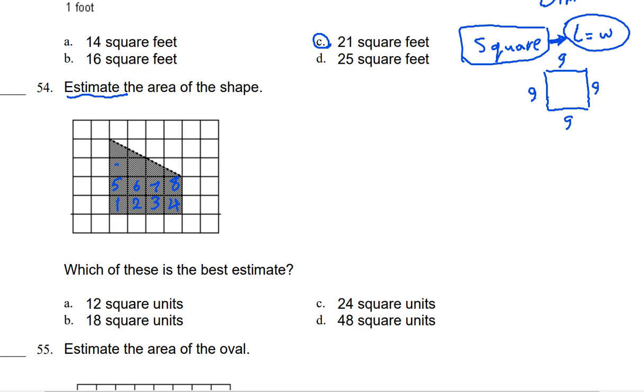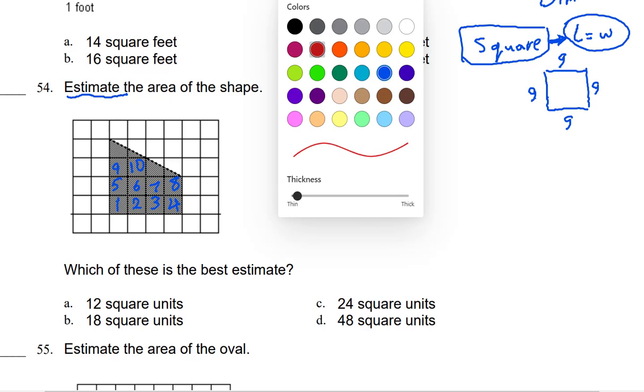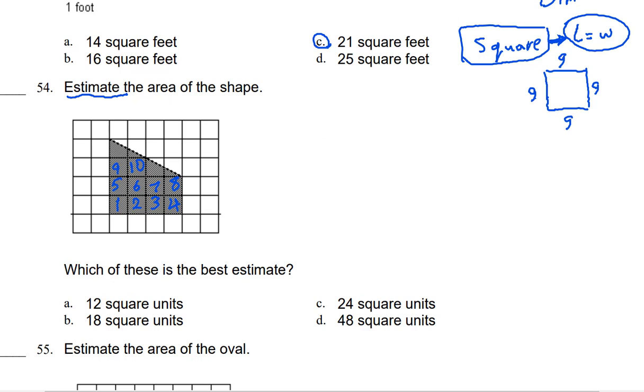This one? And this is 10. Now I don't have any more filled squares, right? All other squares are not filled. This one and this one together can form one square.